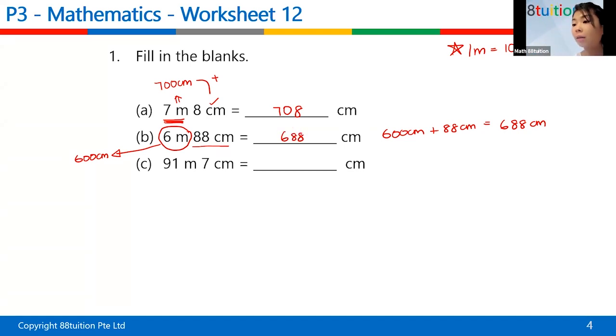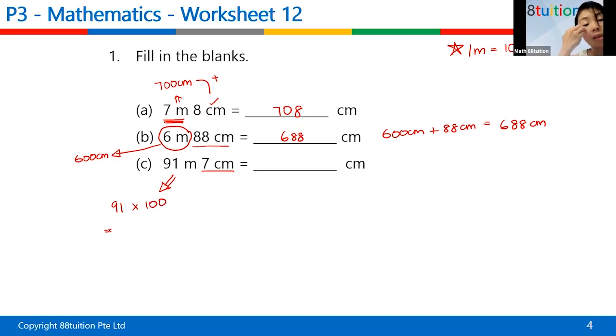Now let's look at the next one, 91 meters 7 cm. The 7 cm is good, I'll leave it as it is. I don't need to convert anything there. 91 meters: 1 meter is 100 cm, so 91 meters is 91 times 100.